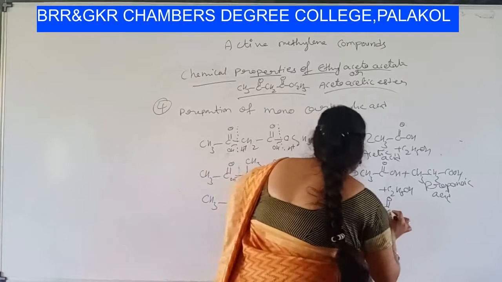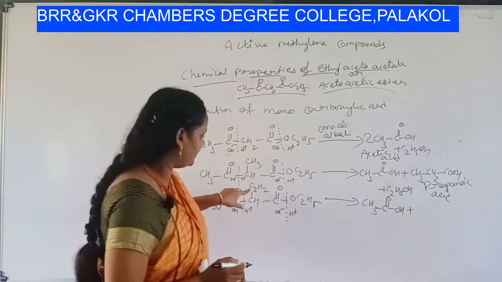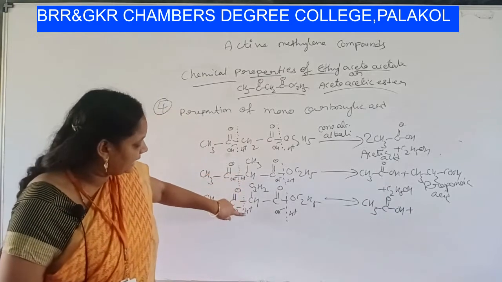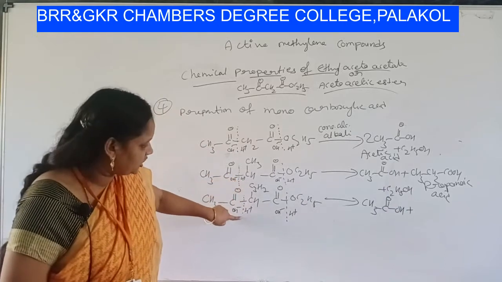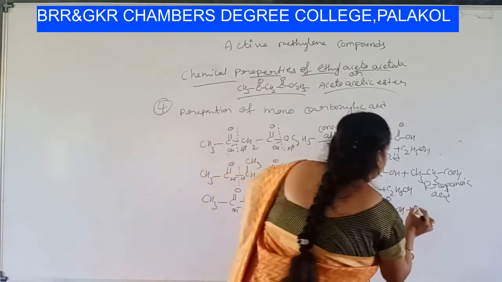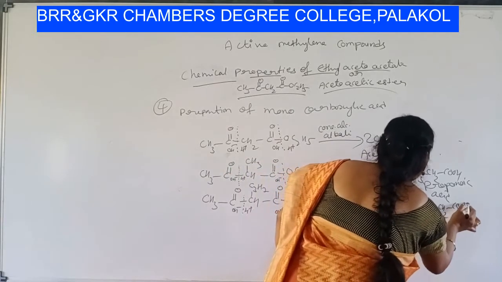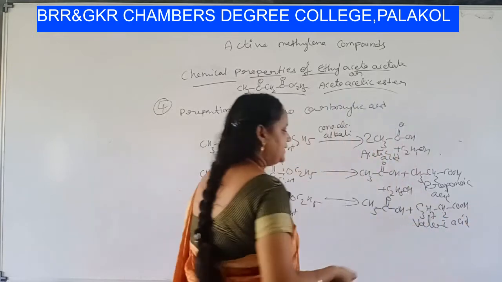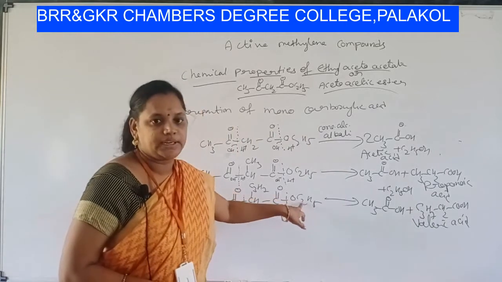CH3, C double bond O, OH plus, here, observe it, students. First we have to write C3H7 and we are adding H plus for CH. So C3H7, CH2, COOH, which is nothing but our valeric acid, plus what is this, students?